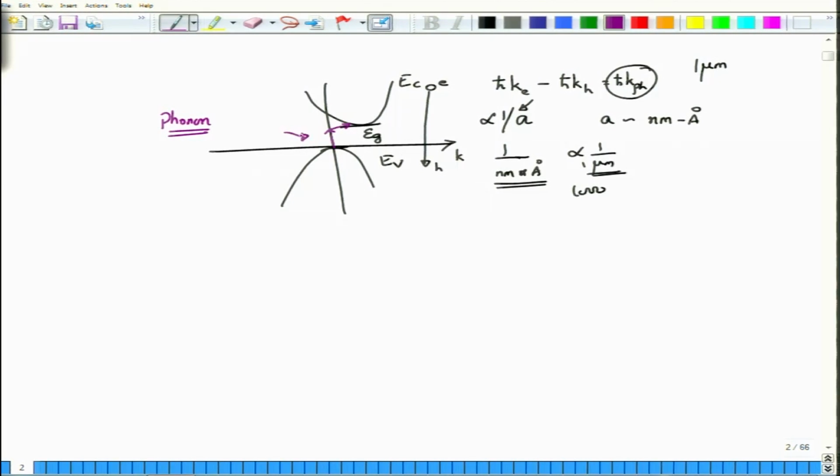So suppose I have somehow supplied an energy sufficient to lift up this vertical distance, but the corresponding horizontal distance must come from a phonon, and therefore you need to have phonon plus photon, and as you know, photon momentum is quite small, so this total momentum will then be equal to the momentum of the electron.